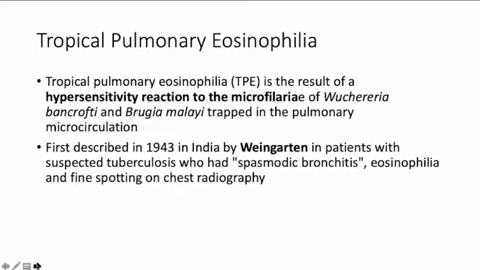So we go straight on to tropical pulmonary eosinophilia, and you might have mentioned this in your microbiology lectures in second year. So TPE is a result of a hypersensitivity reaction to microfilaria of Wuchereria bancrofti and Brugia malayi, which are trapped in the pulmonary microcirculation.